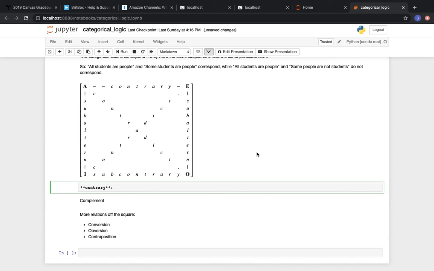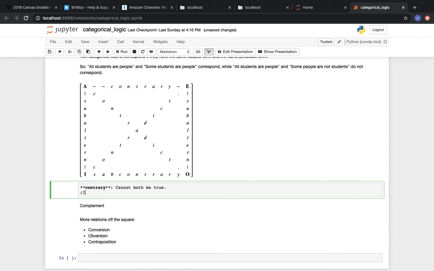The interesting fact about contraries is that it cannot be that both are true. Okay, so if, in particular then, if we know that an A claim is true, then its corresponding E claim must be false, and vice versa.